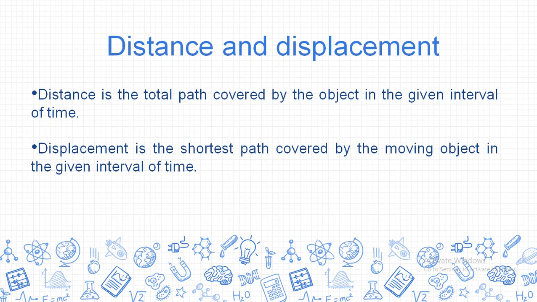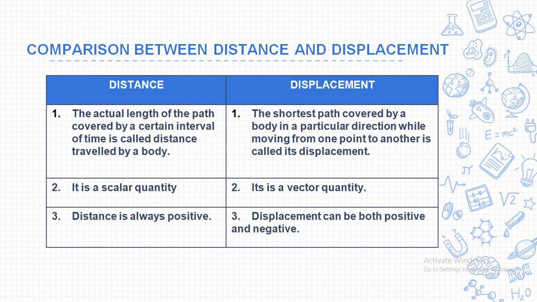I have mentioned the definitions over here. Distance is the total path covered by the object in a given interval of time, and displacement means the shortest path covered by the moving object in the given interval of time. And next is the comparison between distance and displacement.